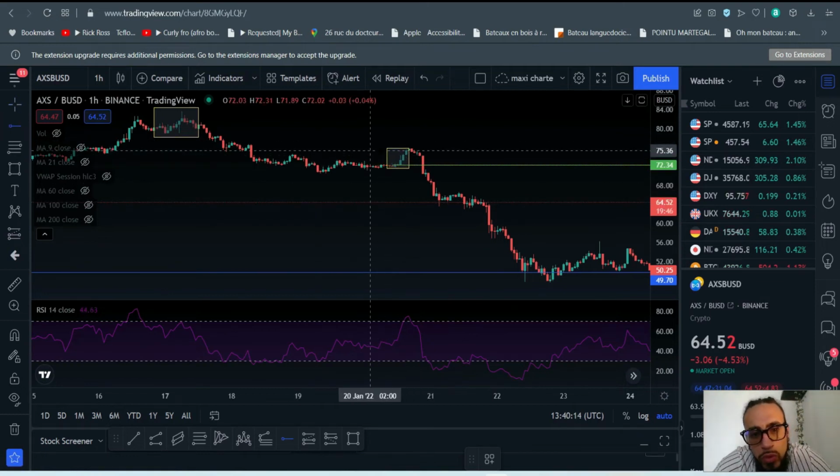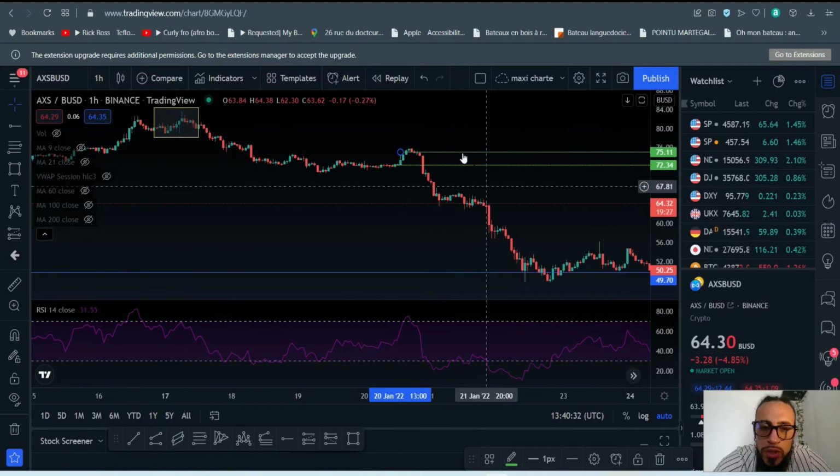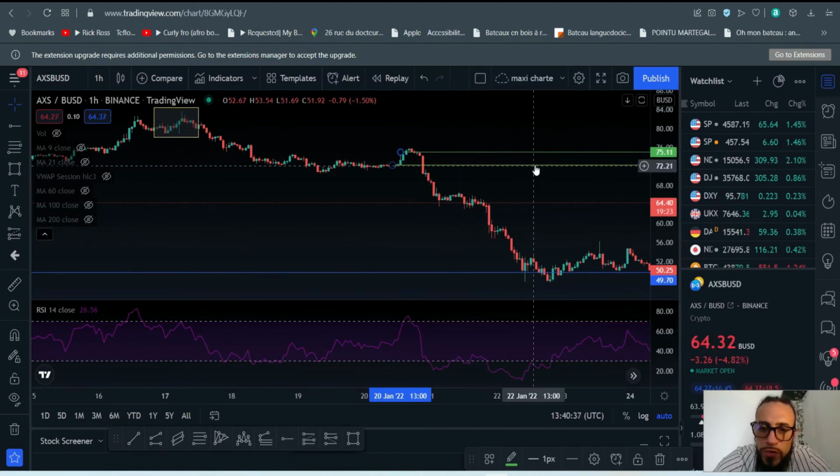But then if you want to be more accurate, more thorough, you know that the very last candlestick up before it started to go down would be this one right here. So now you've got two. That could be the first exit point, second exit point.